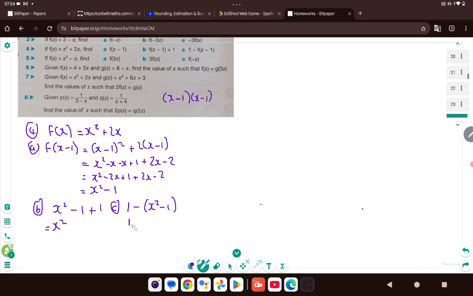So it's 1, just careful here, it's 1 minus all of this bracket x squared minus 1, so it's 1 minus x squared, and it's 1 minus negative 1, which is positive 1, which leaves you with minus x squared.